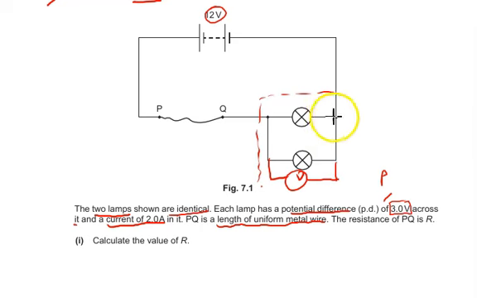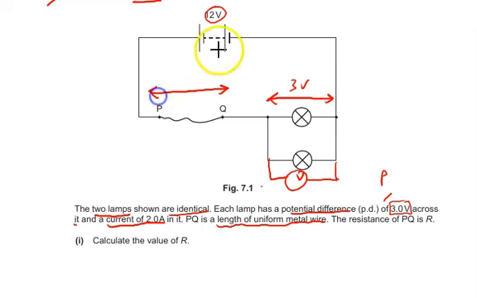The voltage in the parallel circuit must be the same, so here will be 3 volts, 3 volts for both. If here is 3 volts, the PQ and the bulb are in series, so here will be the balance. So 12 minus 3, you'll be getting about 9 volts.